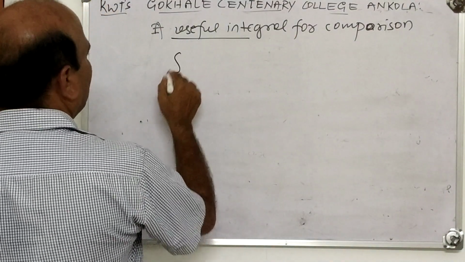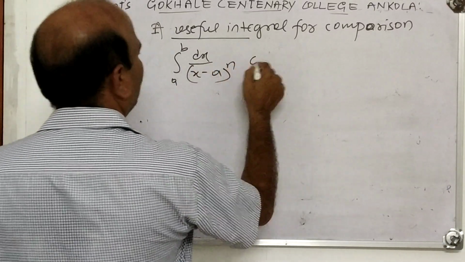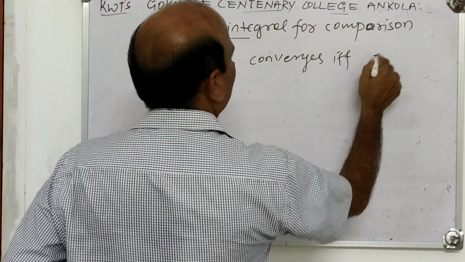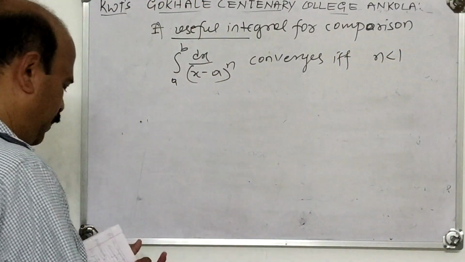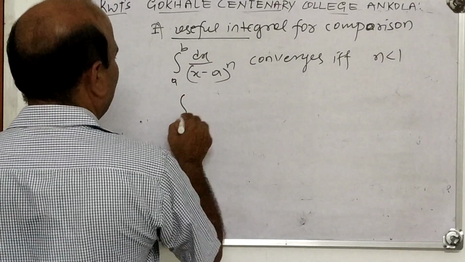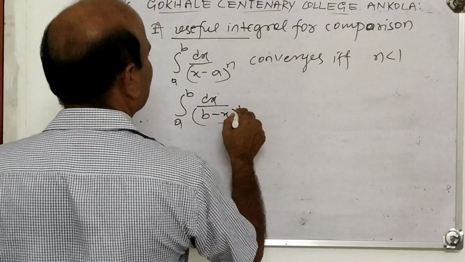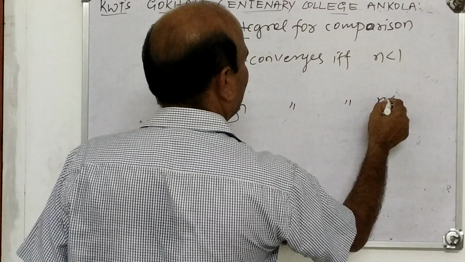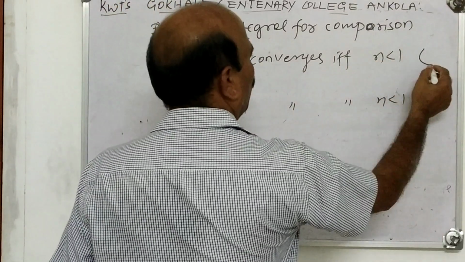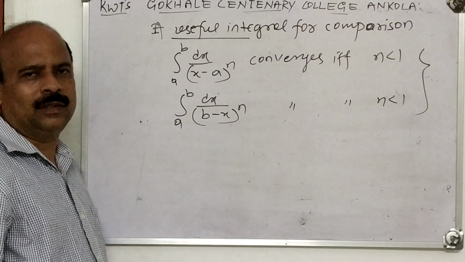That is, integral a to b dx by x minus a raised to n converges if and only if n is less than 1. Similarly, integral a to b dx by b minus x raised to n converges if and only if n is less than 1. These two are useful integrals for comparison.